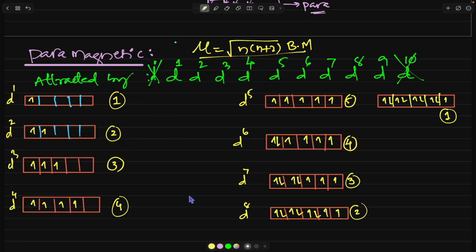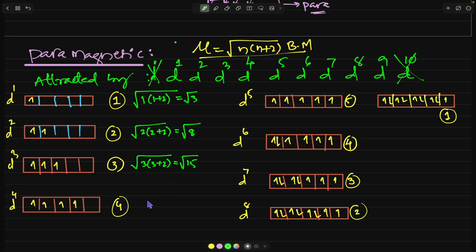So how do you calculate this? This is under root 1 into 1 plus 2, which is root 3. Here it is going to be 2 into 2 plus 2, so 4 2s are 8, root 8. Here it is 3 into 3 plus 2, 5 3s are 15, root 15.